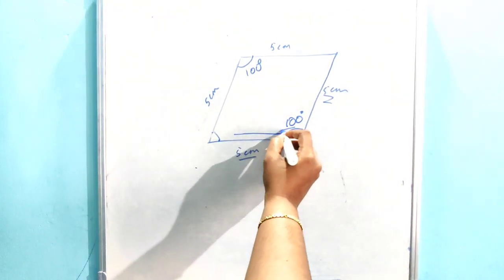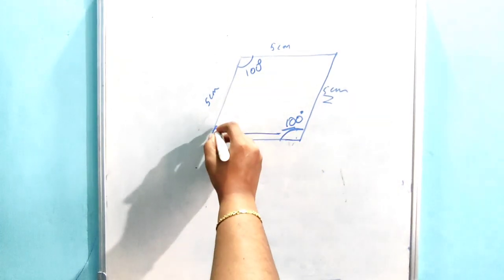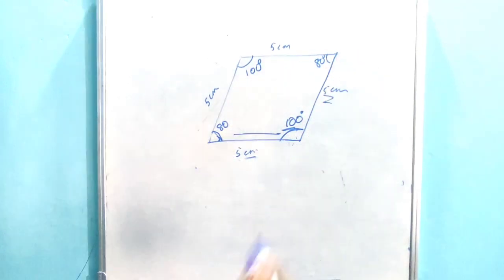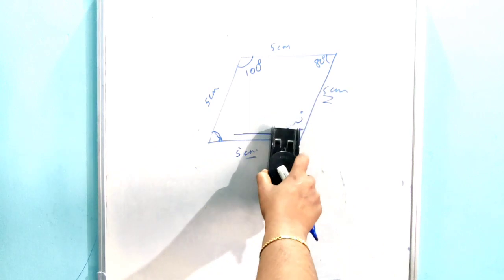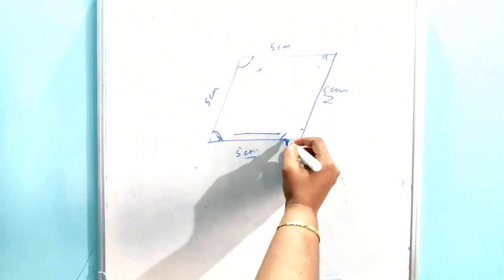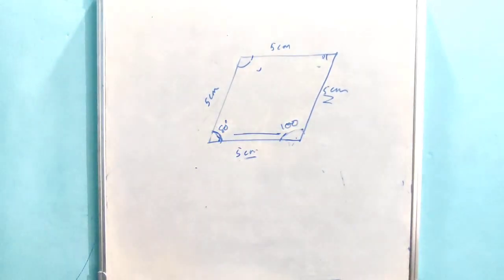So if this angle is equal to 100, the adjacent angle is equal to 80 degrees, and this one is also equal to 80 degrees. Opposite angles are equal, adjacent angles are supplementary. Those are the specialities of a rhombus. So here this angle is 100 degrees and this one is 80 degrees.